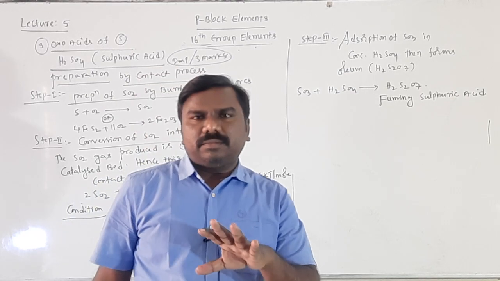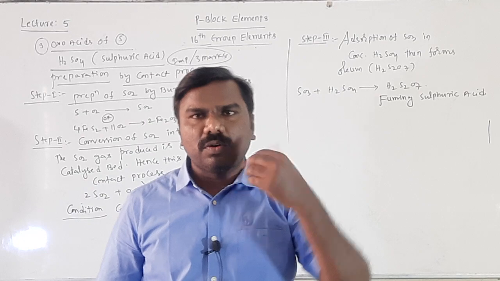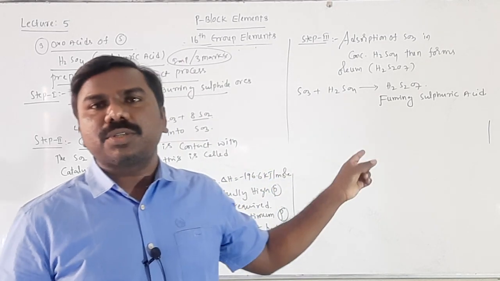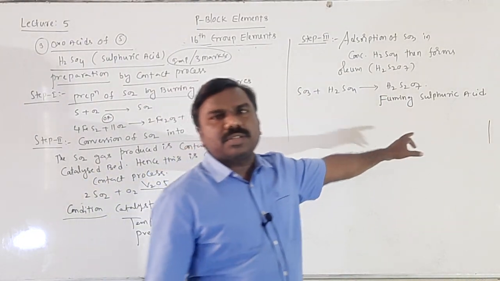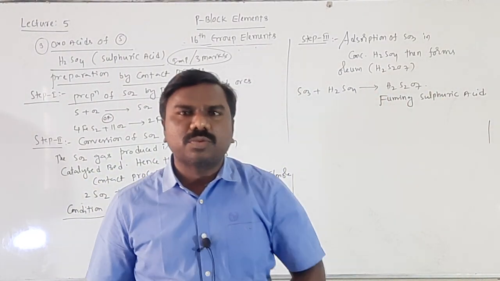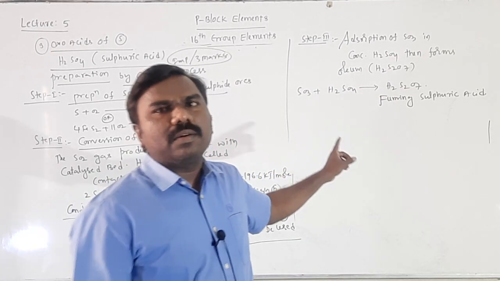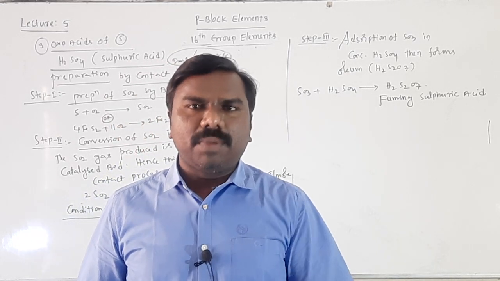So why not directly SO3 plus H2O to give H2SO4? In the overall reaction we want H2SO4 only, but I am passing SO3 into H2SO4 and it is converted into H2S2O7, which then becomes H2SO4. The reason is that if you add water to the SO3, the reaction is uncontrollable.